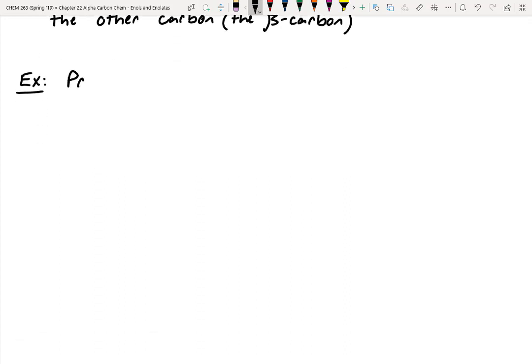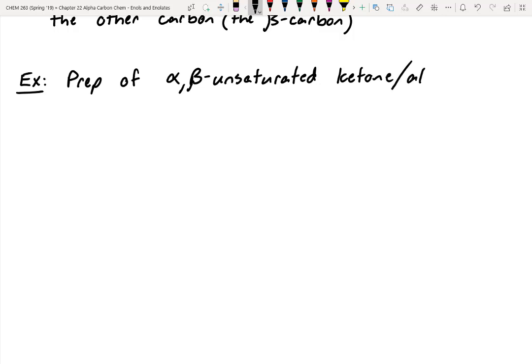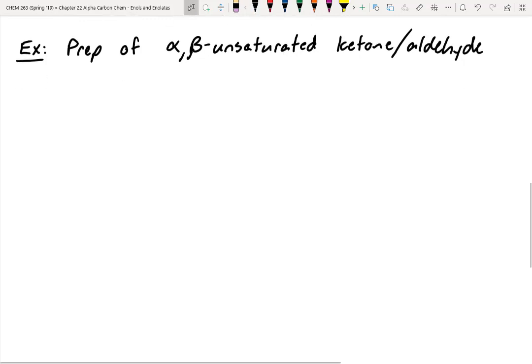So let's look at the preparation of these. This will be a bit of review, but what I want us to do is figure out what we need to do to make this specific alpha beta unsaturated aldehyde.